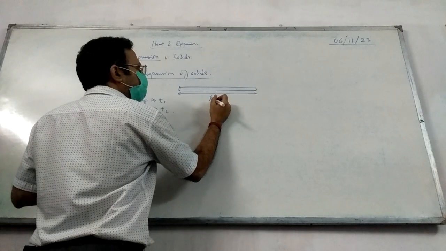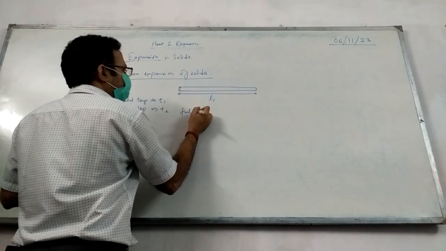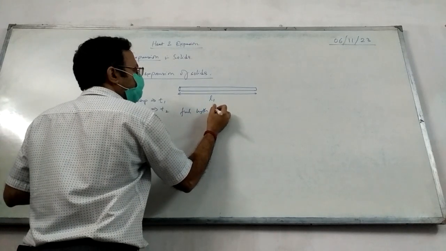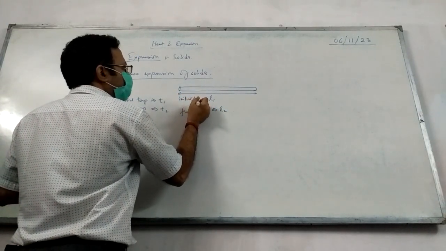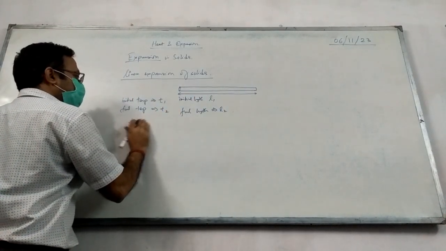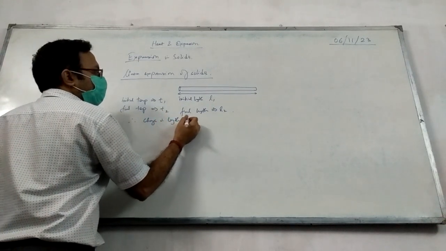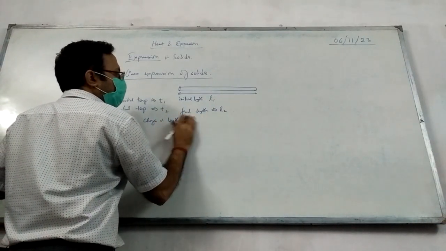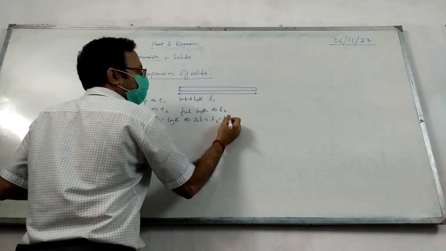Say the initial length is L1 and the final length is L2. Therefore, the change in length delta L is given by delta L equal to L2 minus L1.